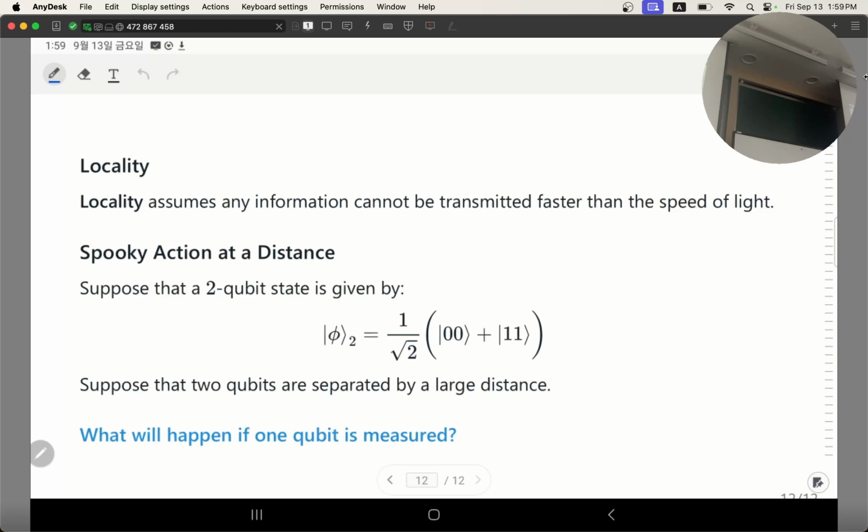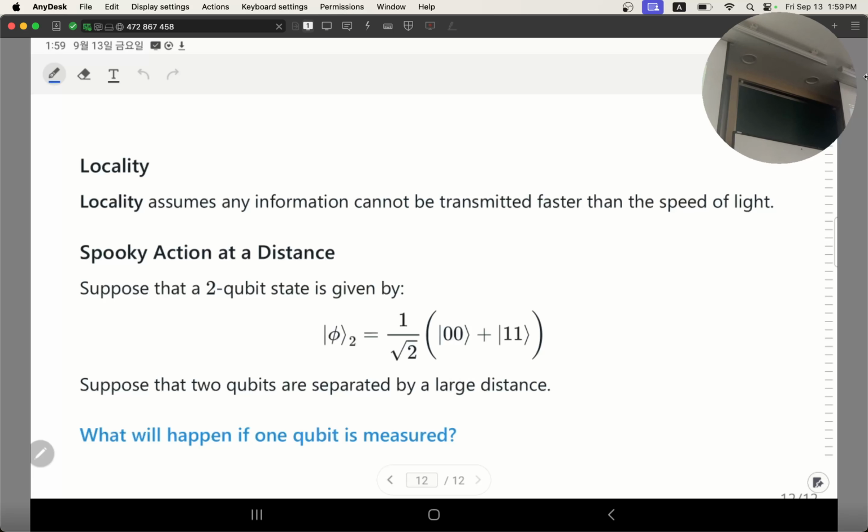Alice takes one of the qubits, Bob takes the other qubit. They are fully entangled. If Alice takes the measurement and observes 0, Bob will always observe 0, right? Because if you take a measurement on 0, it kills the other. So Bob will always just observe 0.